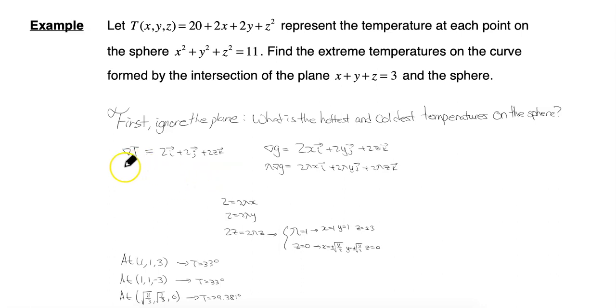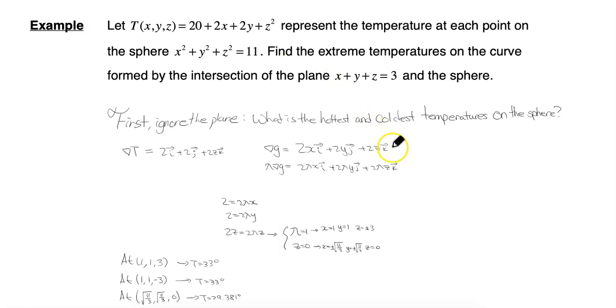So we can find del T, and we can find del g. g is the constraint, so the constraint is the one that has just an equal sign. It's not a function. Typically, it's given as an equality. It's a requirement that we are on the sphere. So g of x, y, z would be x squared plus y squared plus z squared minus 11 equals 0.